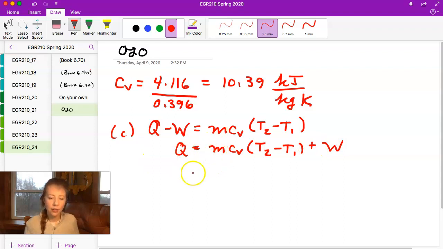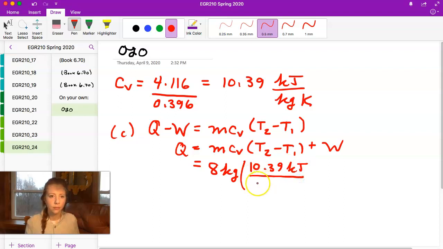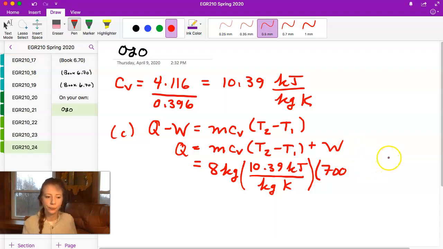Okay, and so this is going to be, m is 8 kilograms, we were given that. Cv we found above, so that's 10.39 kilojoules per kilogram Kelvin. And then we have T2 minus T1, so T2 was 700 minus T1, which was 400.